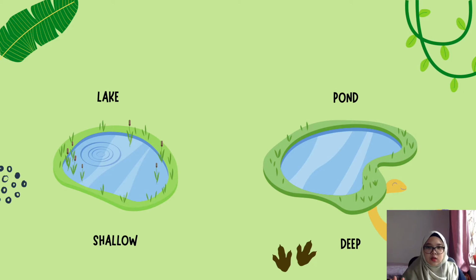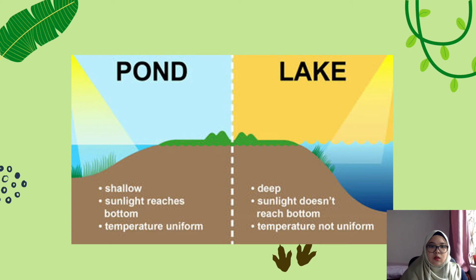Let us take a look at a depth explanation of the differences between the lake and also the pond. Here we have where the pond is shallow, as the sunlight reaches the bottom, and also the temperature is uniform. Uniform means the same.